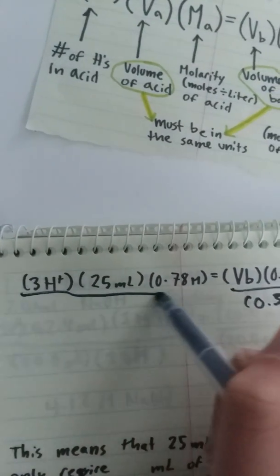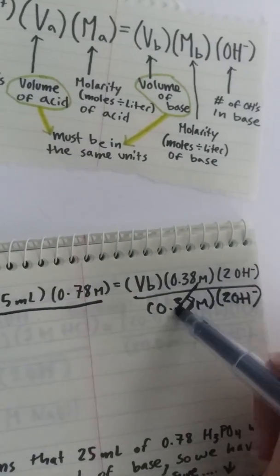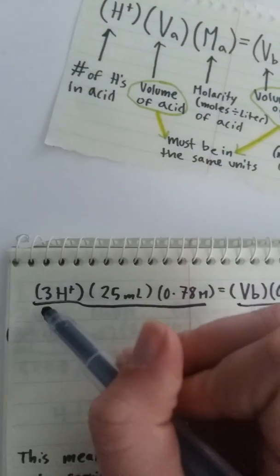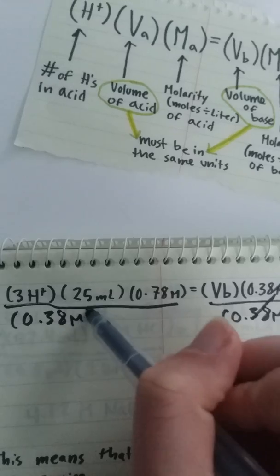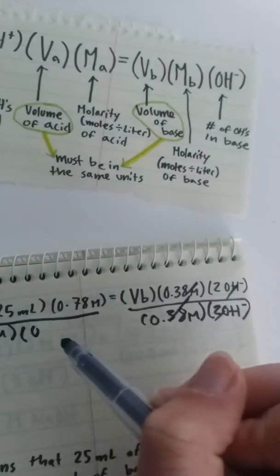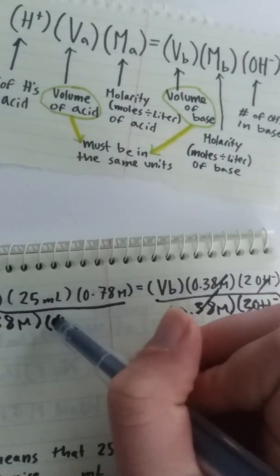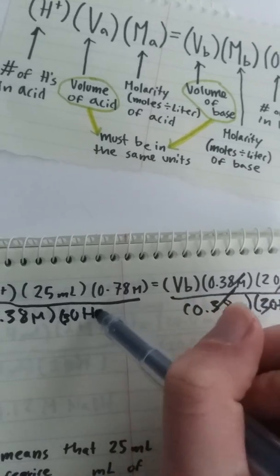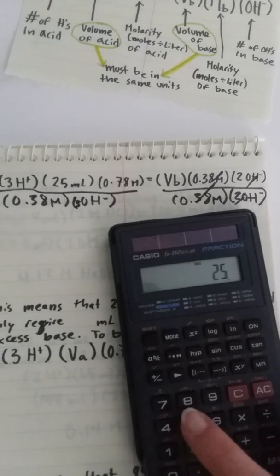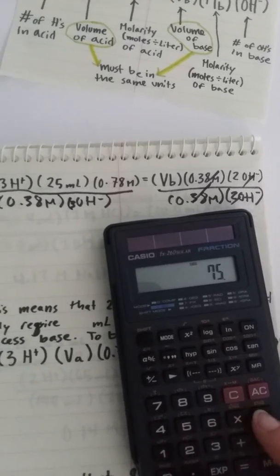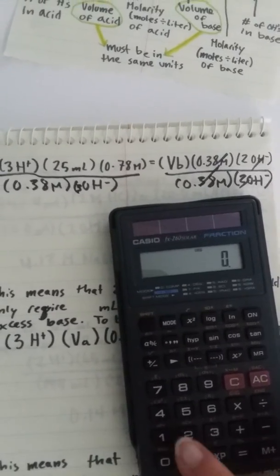So again, just divide by everything that's not the variable to get it alone. These will cancel. Have to do the same thing to both sides of the equation. Oops, I'll just do 3 OH. Okay, and then just multiply it out. So 3 times 25, 75 times 0.78.